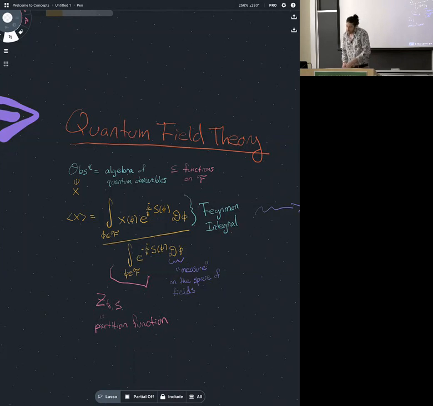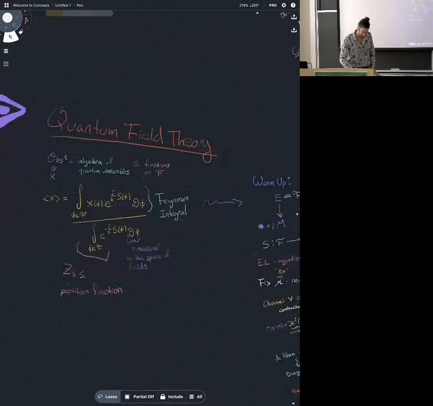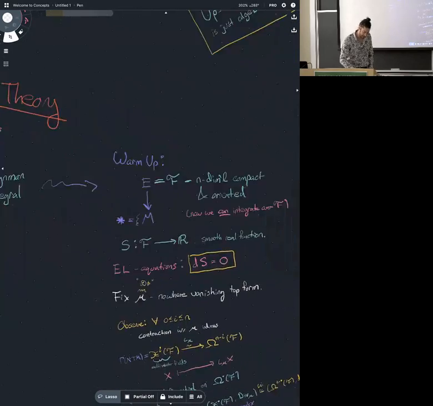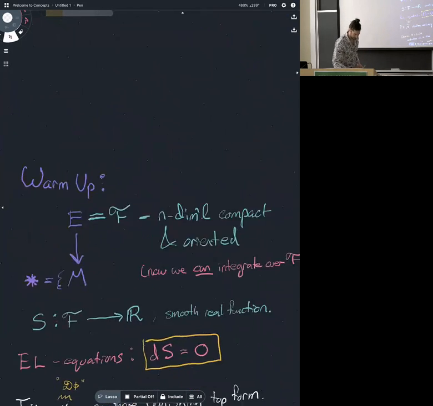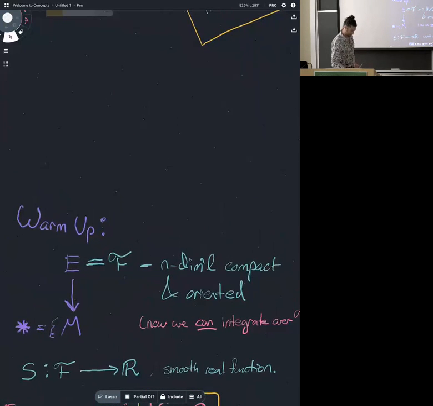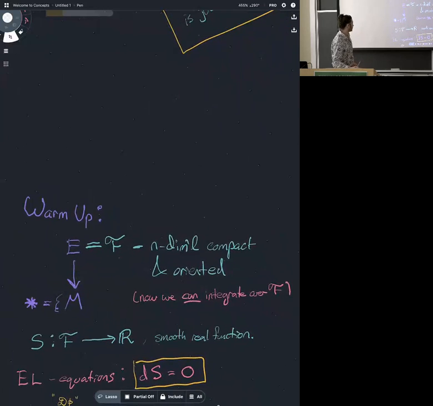This does make sense in one baby case, which is space-time is a point. So let's do the baby case because it will show us why derived geometry is important. The warm-up situation is space-time is a point.